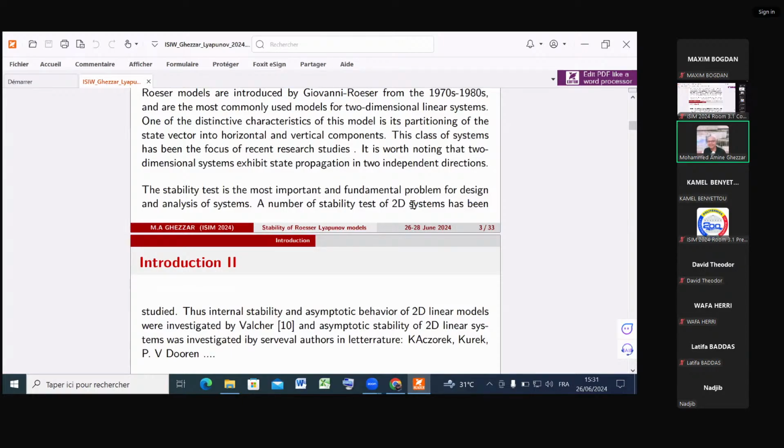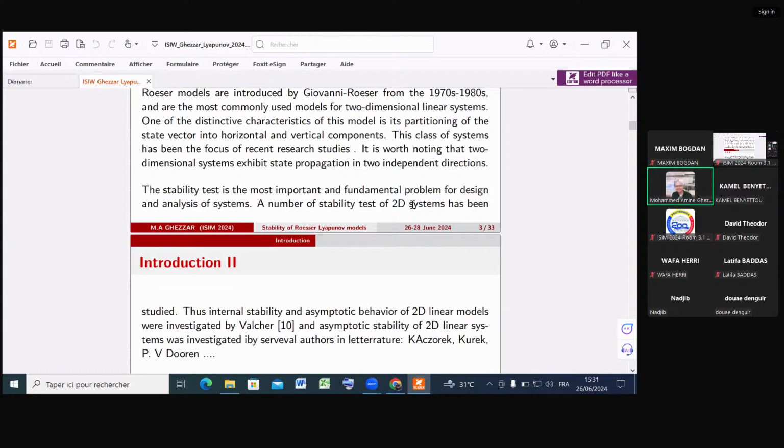My aim is the bidimensional system, which was first studied by Tadeusz Kaczorek in the 70s and 90s, from the Polish Academy. After that there were many results concerning those systems.